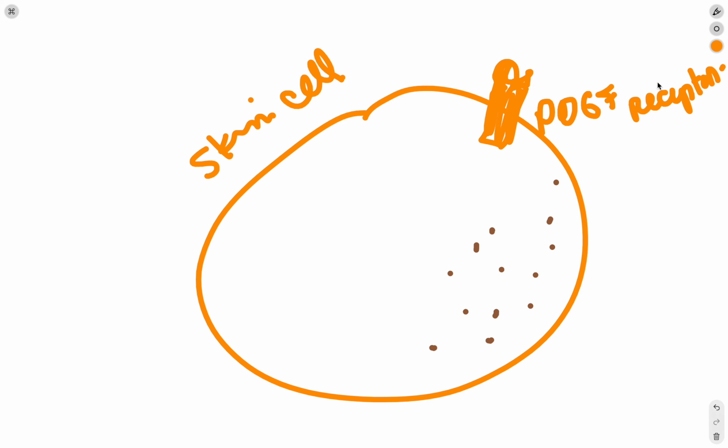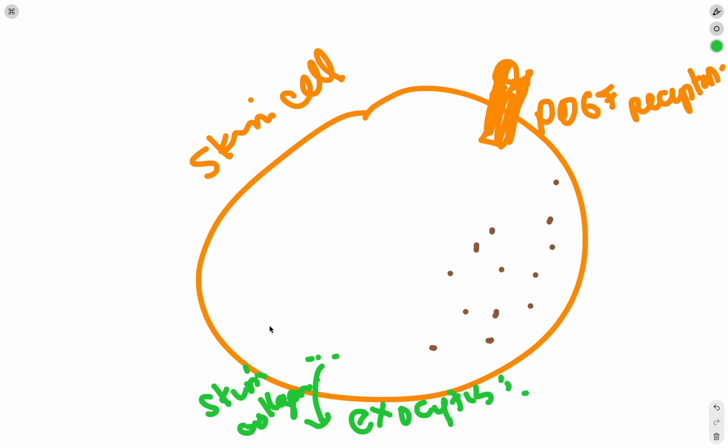Remember I said that skin collagen is normally made in the cell and gets secreted. It gets made in the rough endoplasmic reticulum and onto the Golgi and onto the cell membrane, and the skin collagen gets released by exocytosis. It's actually the first part of the skin collagen protein that has a signal sequence that targets it for secretion.